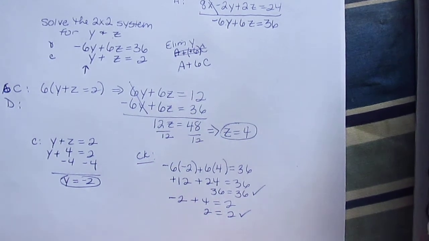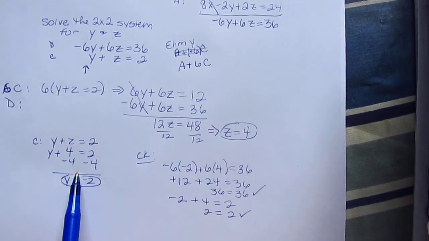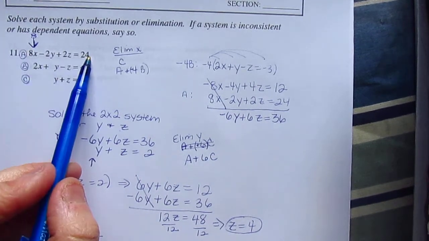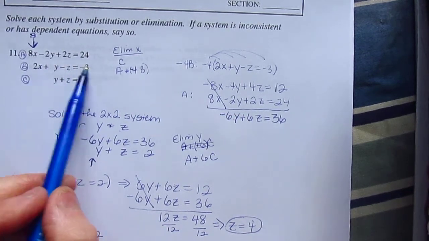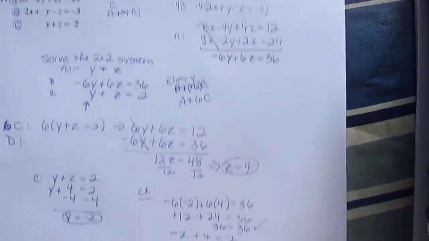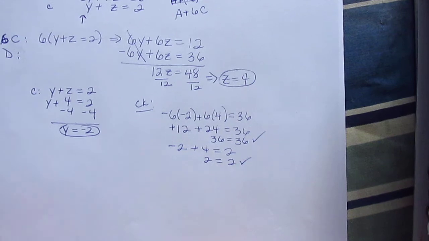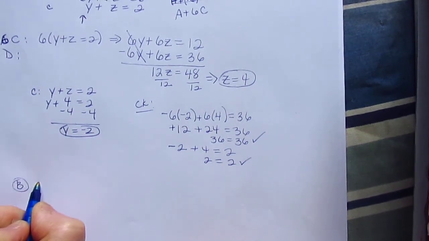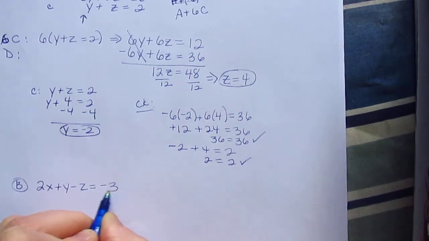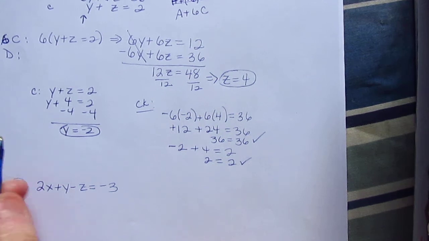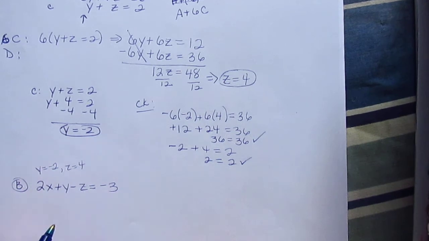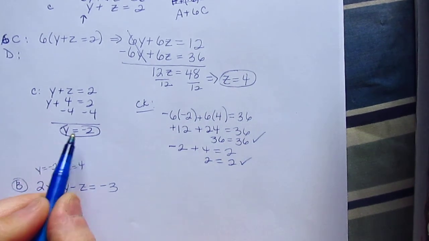Okay, I'm not done yet. I'm missing x. Let's go back to the original equations. Any equation. A is not going to help me, so I've got to choose A or B. This time I'm going to choose B because it's got smaller coefficients. Just a little less work to do. So B, the equation is 2x plus y minus z equals -3. Y is -2 and z is positive 4.